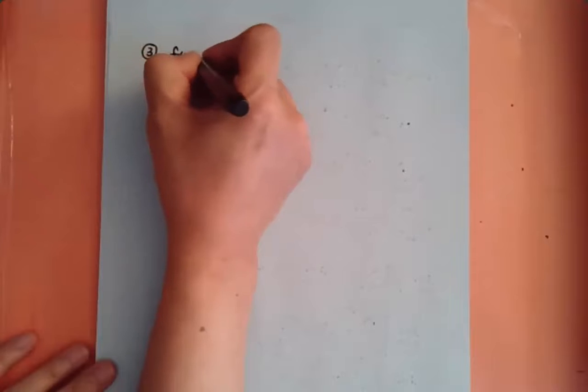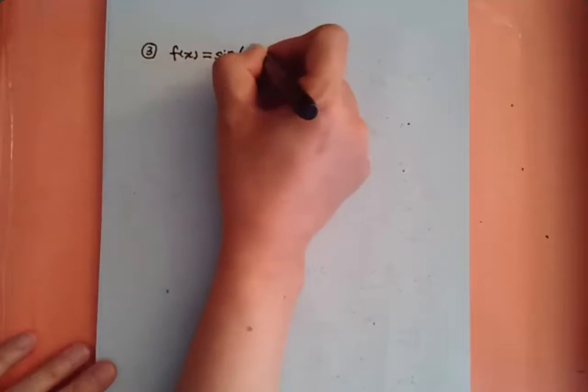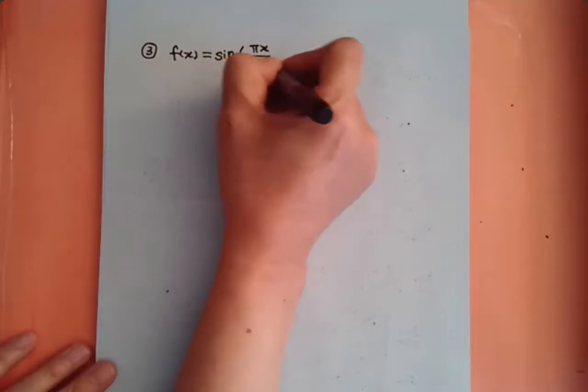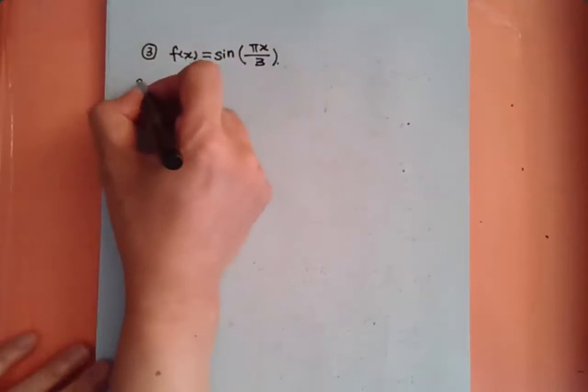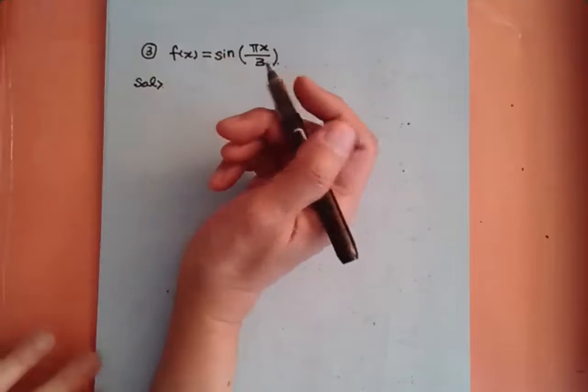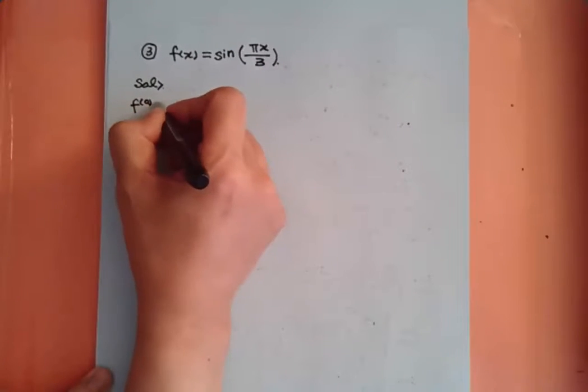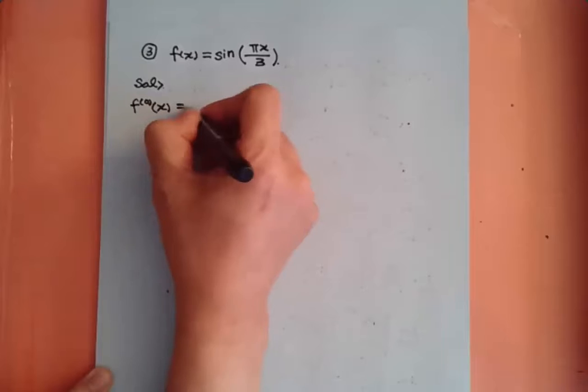Third one is f of x equals sine of pi x over 3. So the zeroth derivative is the function itself.